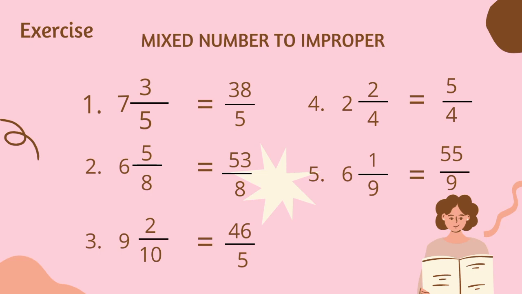So, yung number 4 natin, 2 and 2 over 4 is equal to 5 over 4, kasi 4 times 2 plus 2 is equal 5. So, copy the denominator. So, 9 times 6 plus 1 is equal to 55. Copy the denominator. That's correct.